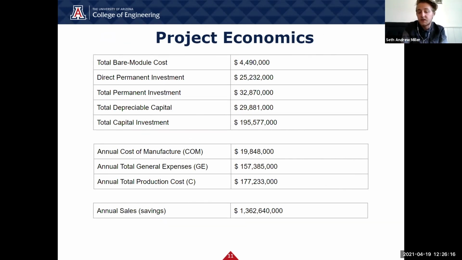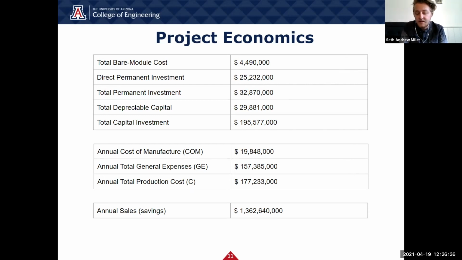The total bare module cost, as shown in the table, refers to the summation of the bare module cost for all items of processed equipment, including fabricated equipment, process machinery, spares, tanks, and computers software. The direct permanent investment is the estimation of the purchase cost of required equipment and the cost of installation.